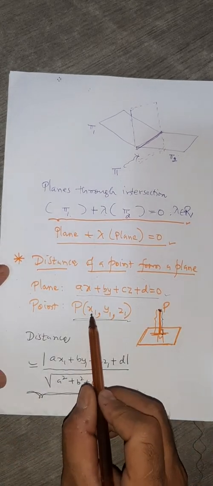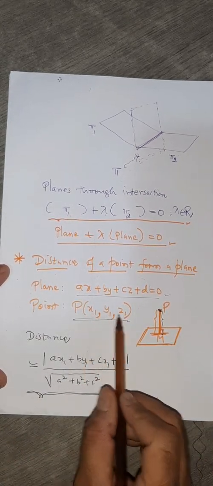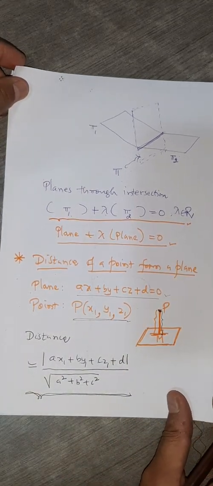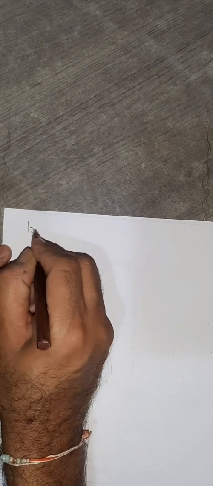Now instead of any point x1, y1, z1, if I take this as the origin, then this is just modulus d upon under root a square plus b square plus c square. So I'll write in particular, distance from the origin.